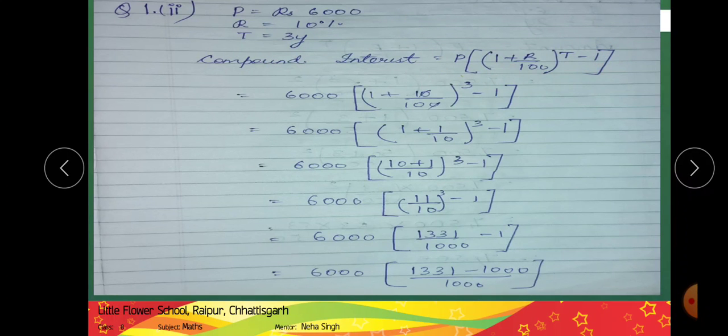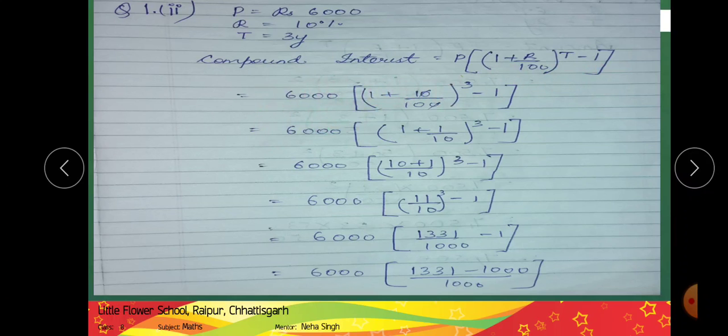This is the basic formula which we are using in all the questions when it is asked to find the compound interest, right? So now P is 6000 into 1 plus R is 10 upon 100, cube, minus 1.